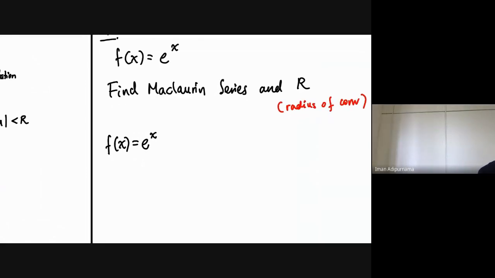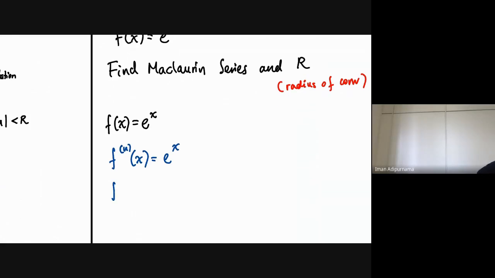So let me write the f^(n)(x). It will always be e to the x, with the power of x. And when x equals 0, then it's just 1, right? For all n.